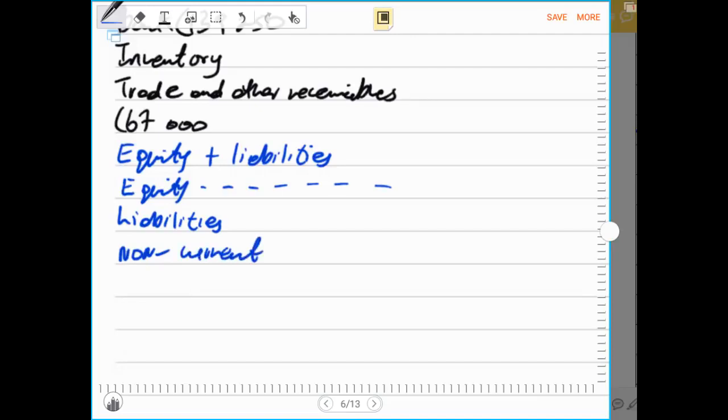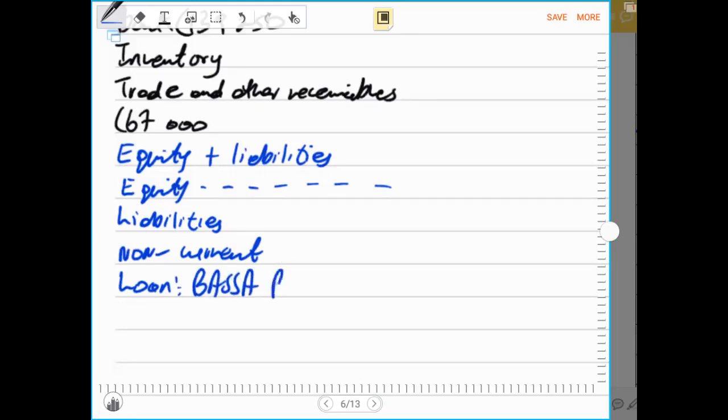Under our non-current liabilities, we will have a long-term loan. There was a loan from Basa Bank and it was payable over more than a 12-month period.